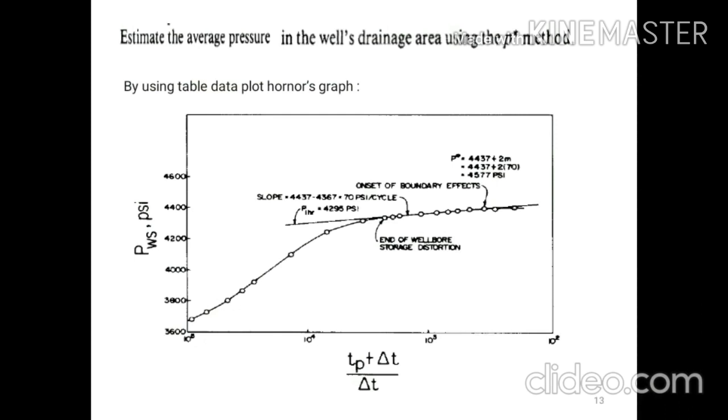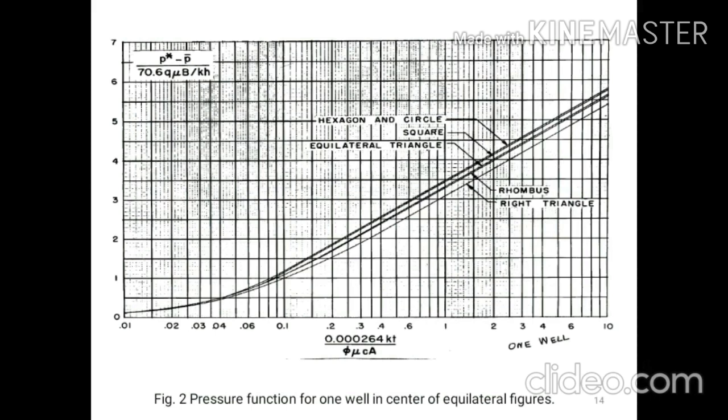As you can see in the slide, the Horner plot has been plotted, and this is a very important graph for estimating the average reservoir pressure according to your drainage area shape.